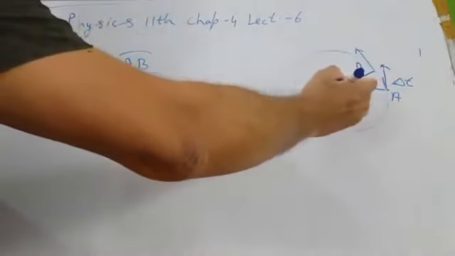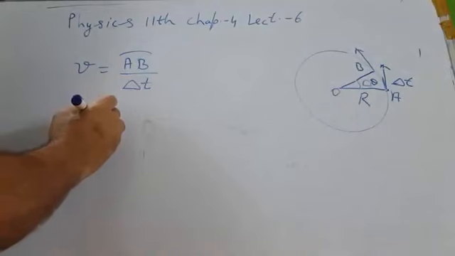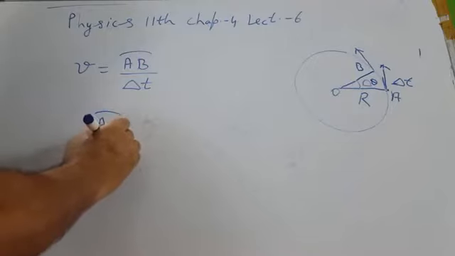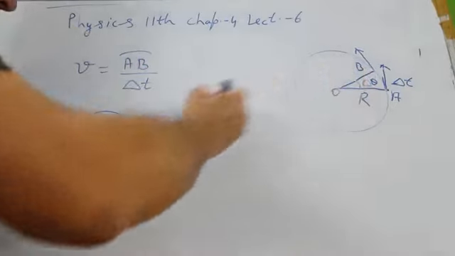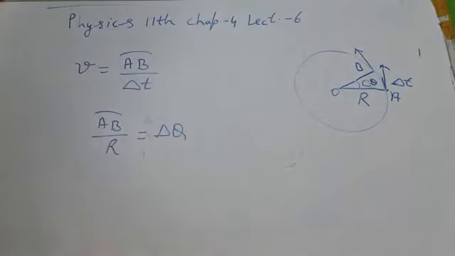Now in this triangle, suppose O is the origin, OAB. If theta is very small, in that case arc AB upon radius will be equal to theta. It is a trigonometrical identity.